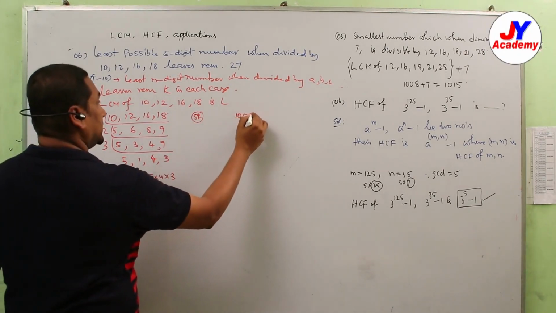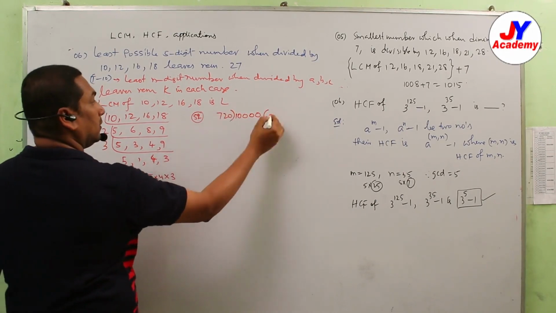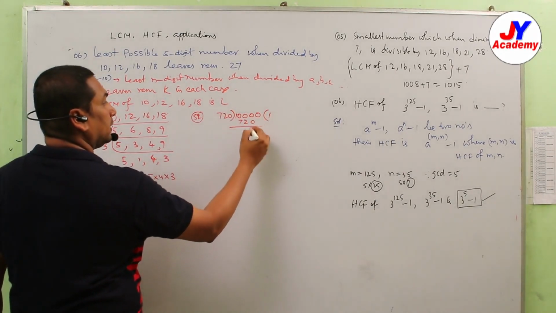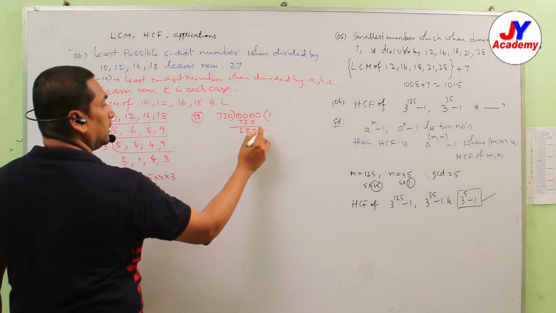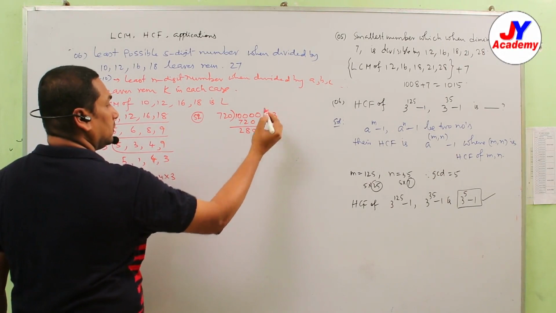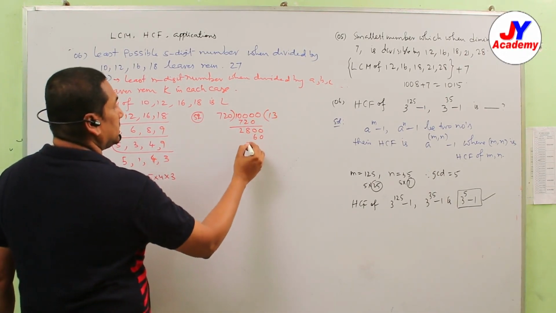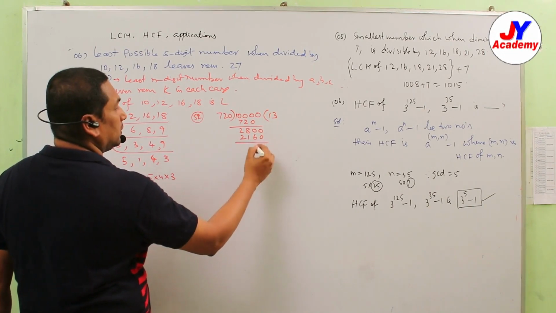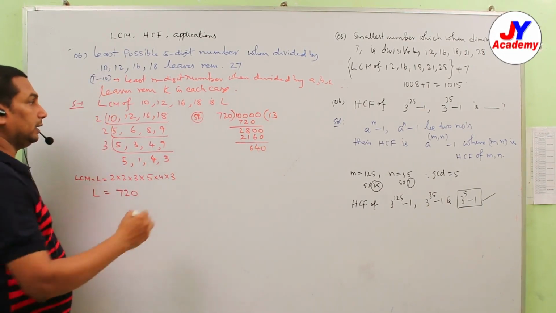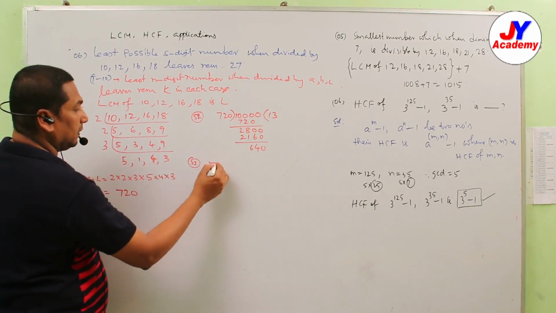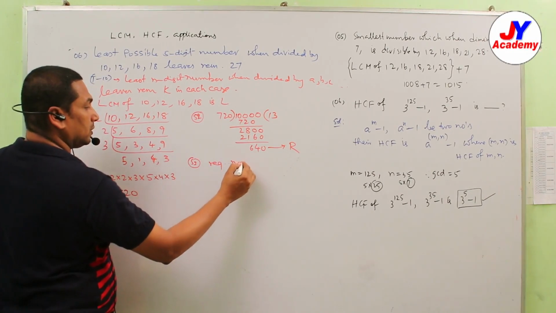Now what is step 2? Divide the least 5-digit number by L. 10,000 divided by 720: 720 ones are 720, 720 twos are 1440, and so on. The remainder is 640. Okay, step 3, the required number, let it be R. So what is the required number?